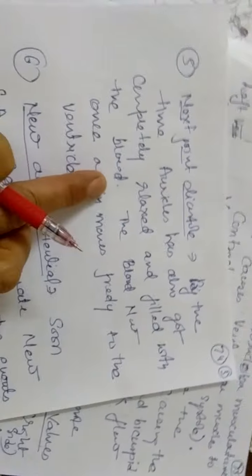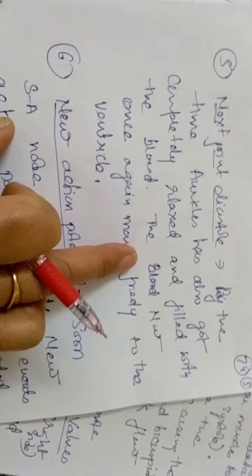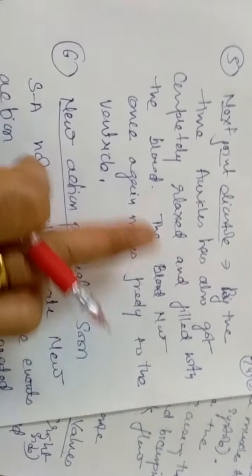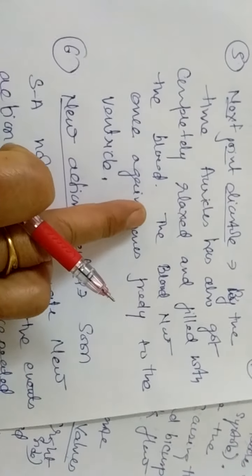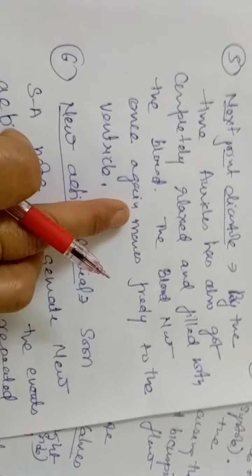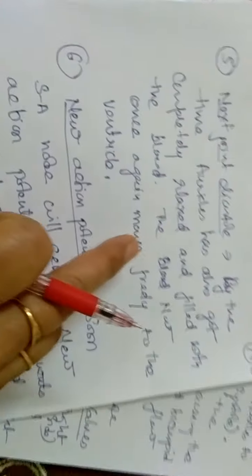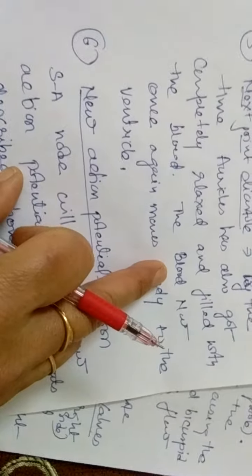So the last stage of this cycle is again the next joint diastole, because the ventricle has also come into the diastolic phase and the auricles were already in the diastolic phase. Due to the pressure of the blood of the auricle, the valves will open and the blood from the auricle will start filling into the ventricle.